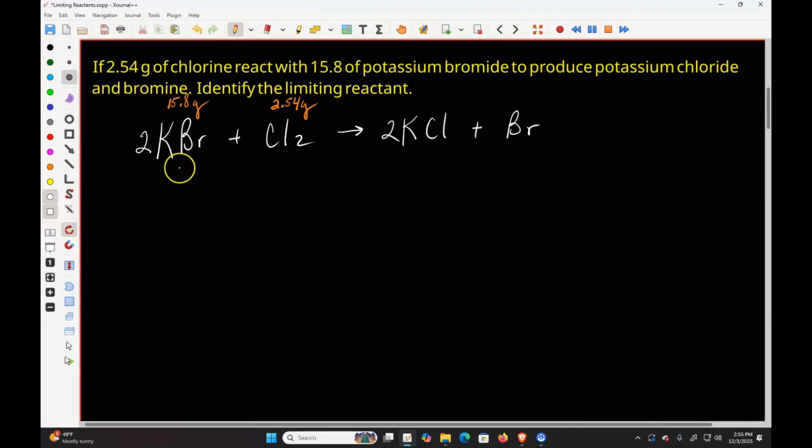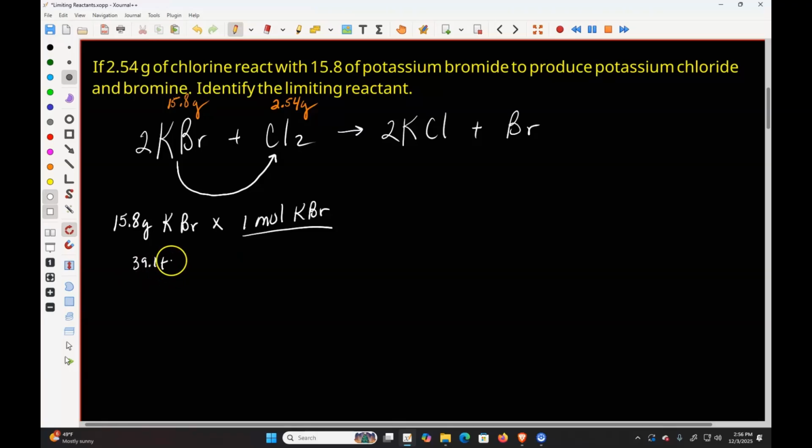So let's take potassium bromide and solve for the amount of chlorine. I would have 15.8 grams of potassium bromide times 1 mole of potassium bromide over, okay, potassium is 39.1, bromine is 79.9, so that's 119 grams potassium bromide.